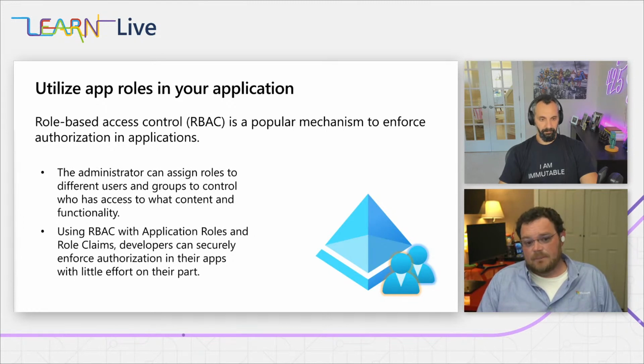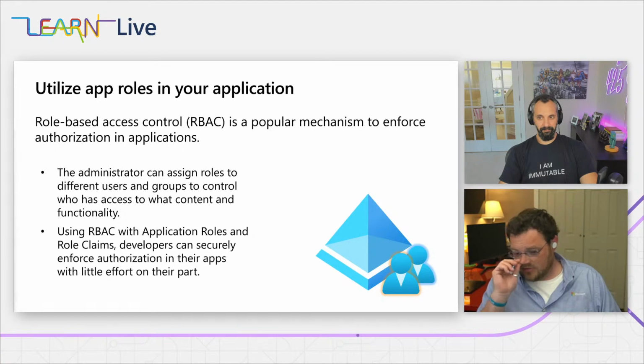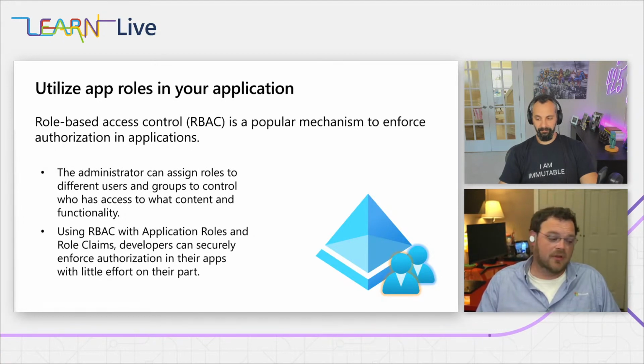However, if you want to add a group of users to an app role, so not individual users, you have to have a license. You can add users all day for free to a role. You cannot add a group to a role without paying money. So just something to think about.